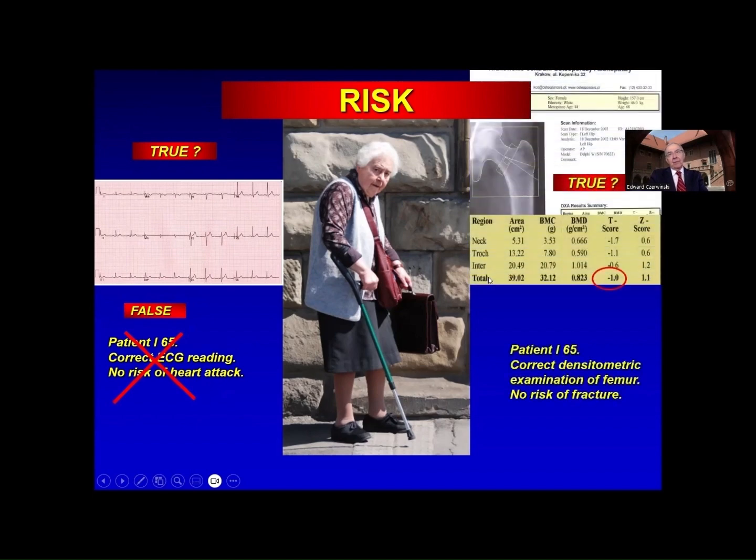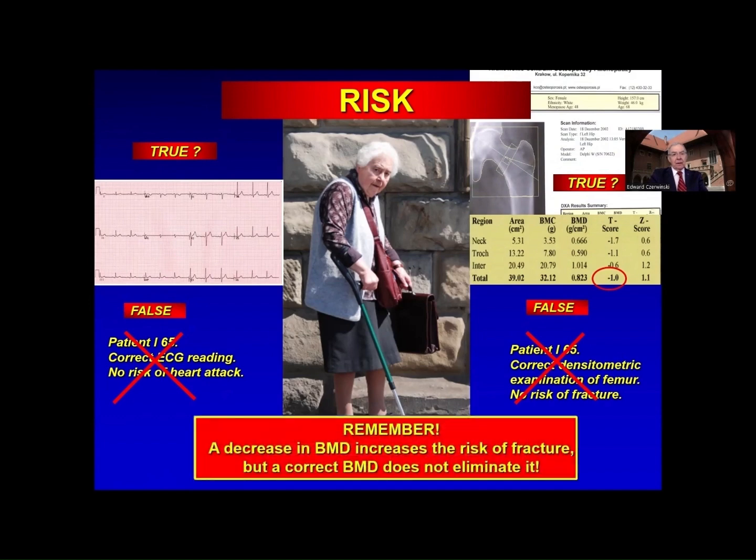So if somebody does a BMD assessment of that lady, and her BMD is within the norm, that means the diagnosis of osteoporosis will be excluded according to WHO criteria. Can anybody say that she has no risk of fracture? Definitely not. So this is why we have to remember that decreased BMD definitely means increased fracture risk. It is the strongest indicator of fracture risk, but a normal BMD does not eliminate it.